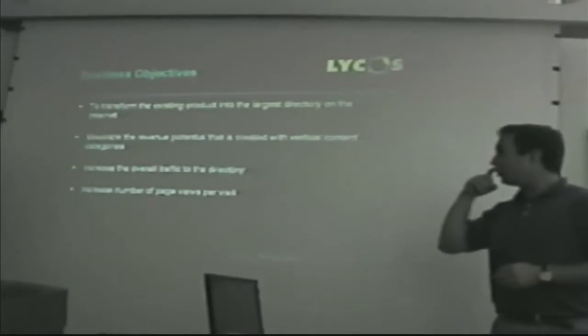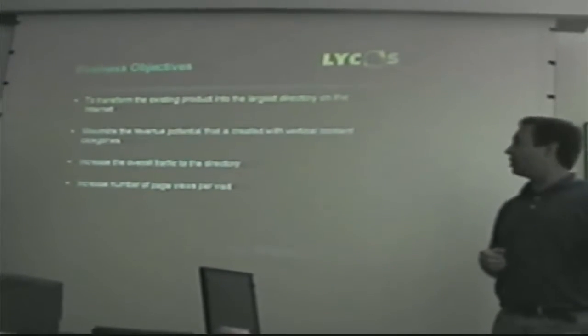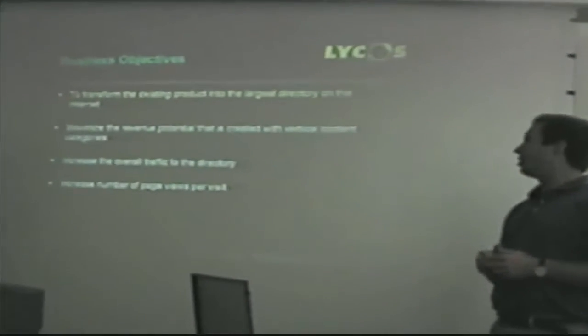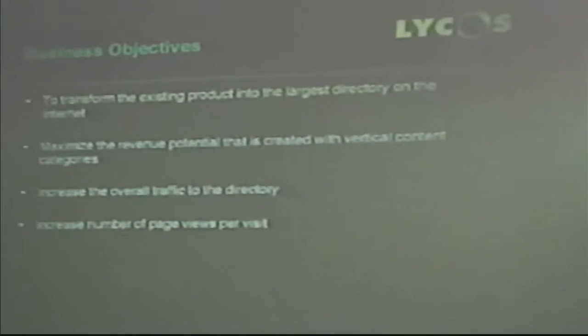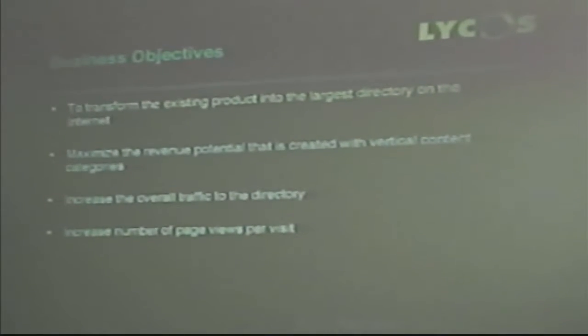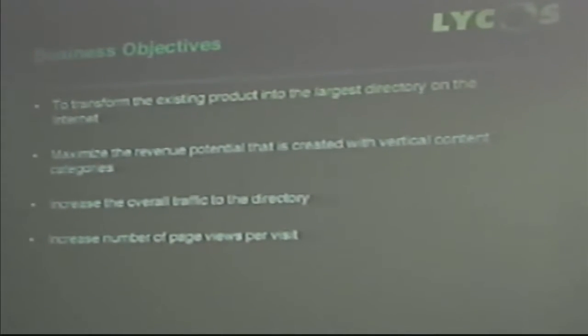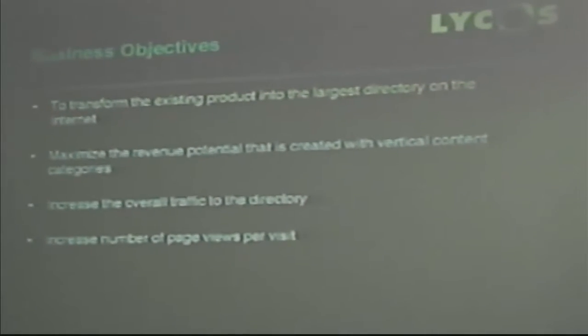So why did we make the shift from the old directory product to this directory? We wanted to transform the existing product to the largest directory on the internet, and we were able to do that just with one leap by making this shift. Maximize the revenue potential that is created with vertical content categories.